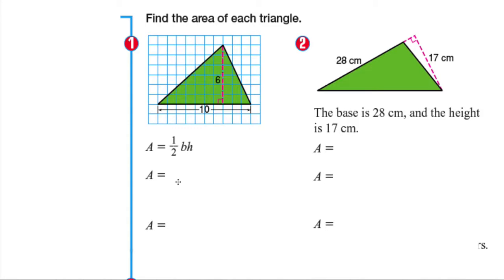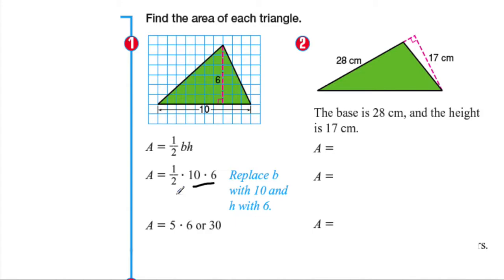We substitute base and height into our formula: 1/2 times 10 times 6. That gives us 5 times 6, because 1/2 times 10 is 5, multiplied by 6 is 30. Or we can multiply 10 times 6 first, which is 60, and multiply that by 1/2, it's still 30.